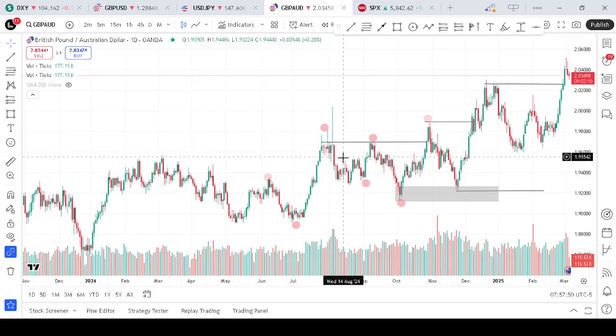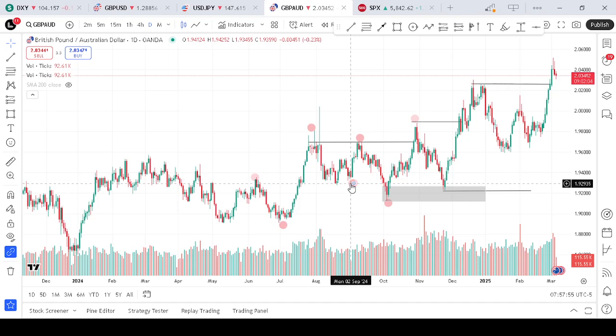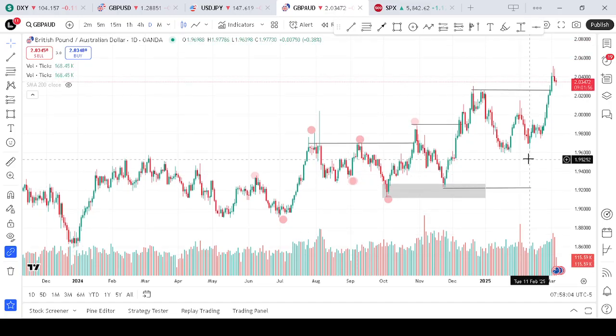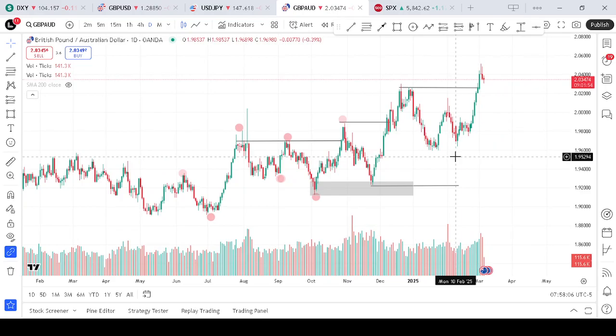Remember, success in long-term trading requires patience, thorough analysis, and the ability to withstand short-term market fluctuations. As you incorporate these strategies into your trading approach, you will be better equipped to navigate the complex world of forex trading.